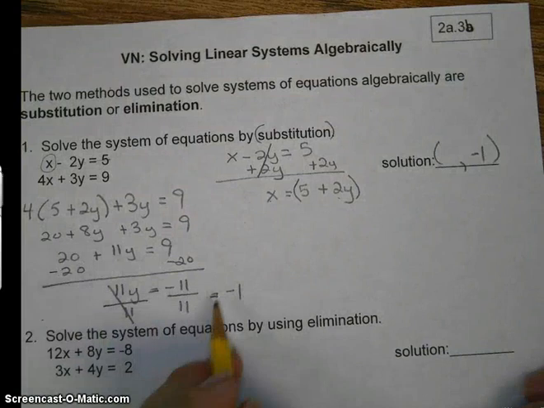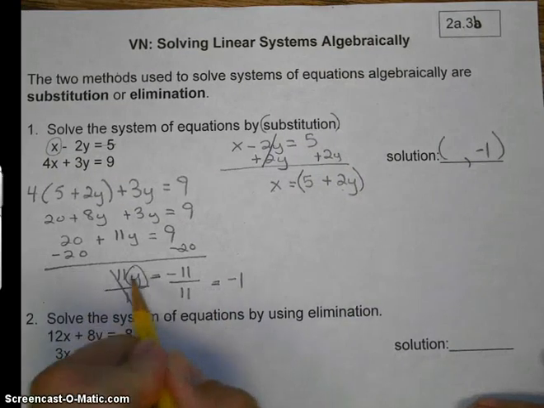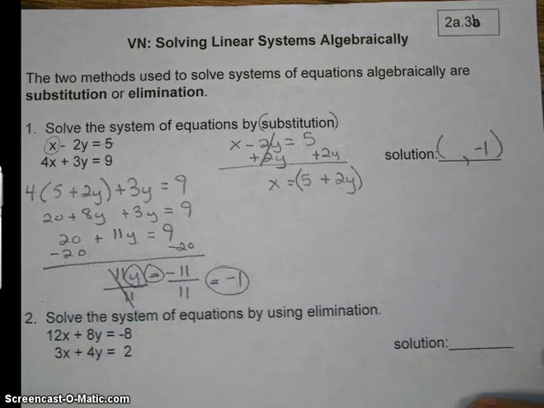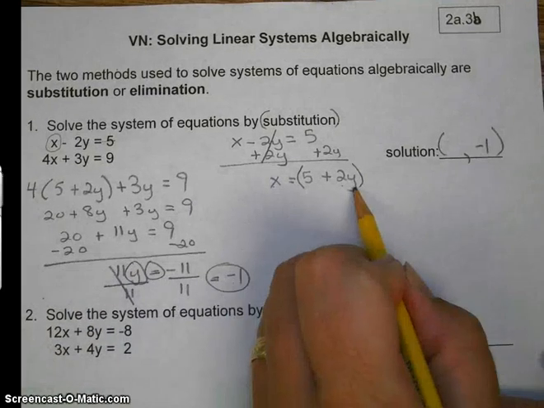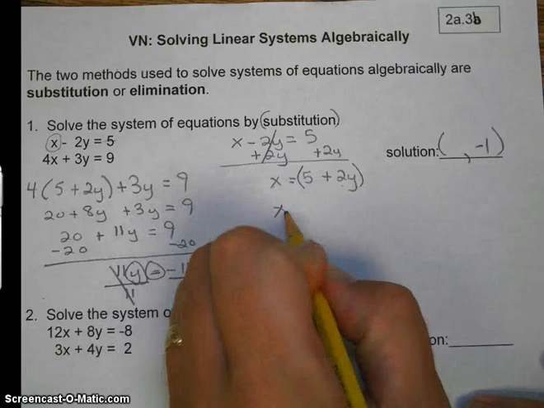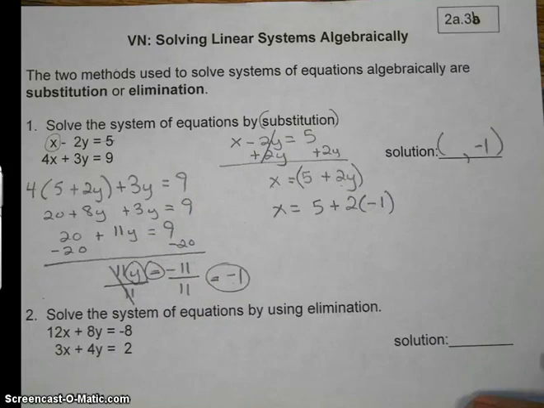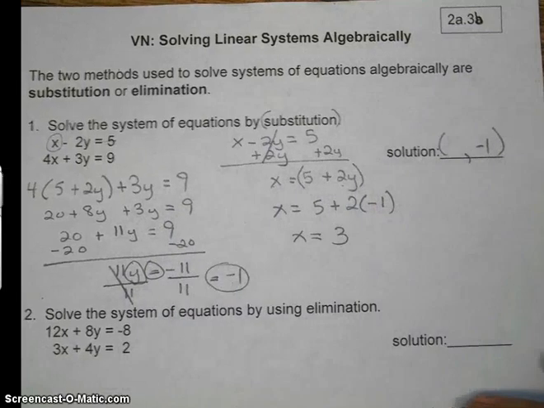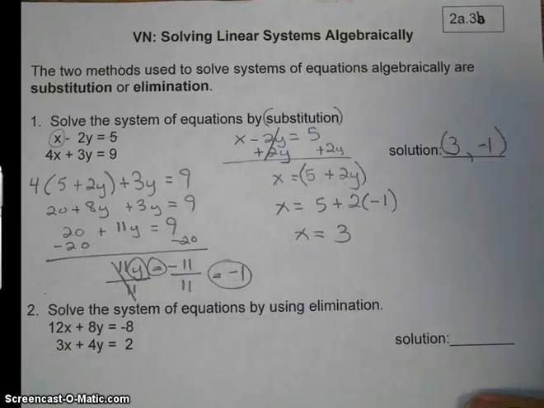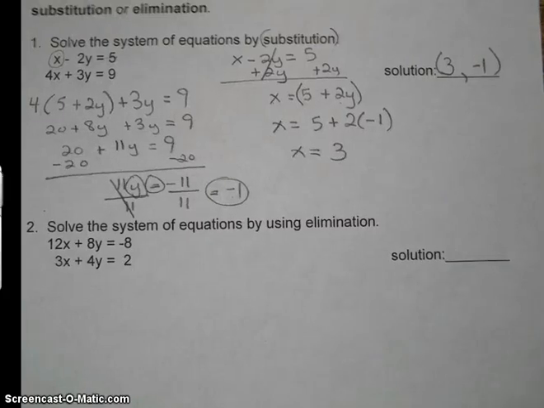Next, we want to find the x coordinate. Since we know that y equals -1, we can plug -1 in everywhere we see a y. So x equals 2 times -1, and we get 3. And there's our solution.